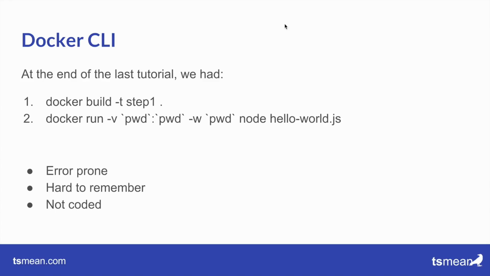And of course you could put this into a shell script to execute this, but Docker has its own tool to hard code or to code out such a config, and this tool is called Docker Compose. It can actually do a bit more than just coding out these arguments, but we'll learn about that later. In this tutorial we're just gonna cover how we could code out those arguments into a Docker Compose file.